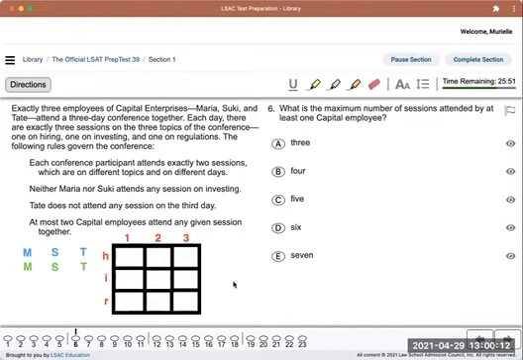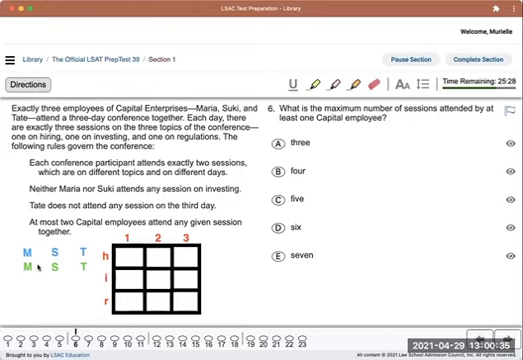And then what we're trying to figure out is which of the sessions are being attended by these employees, and they're participating in the conference. It says that each conference participant attends exactly 2 sessions, which are on different topics and on different days.